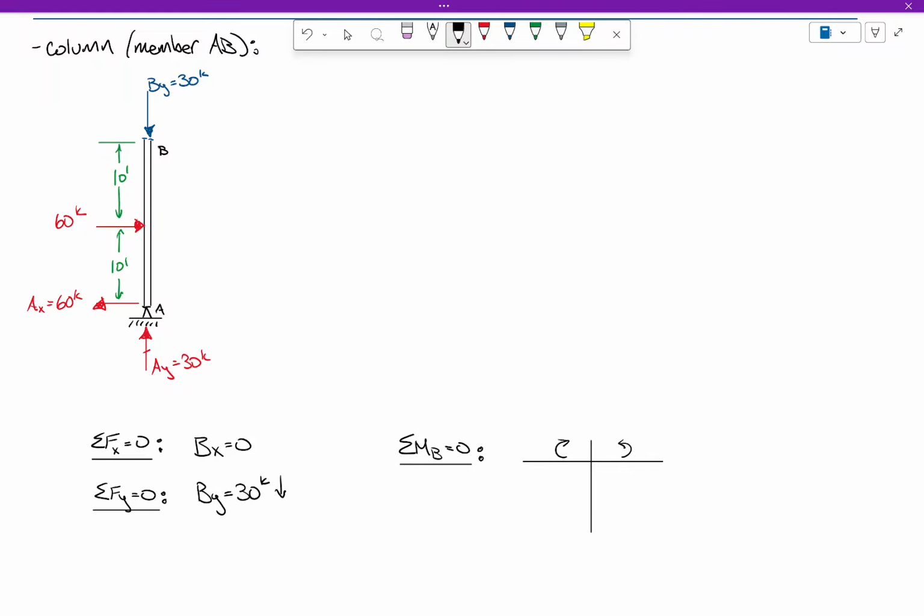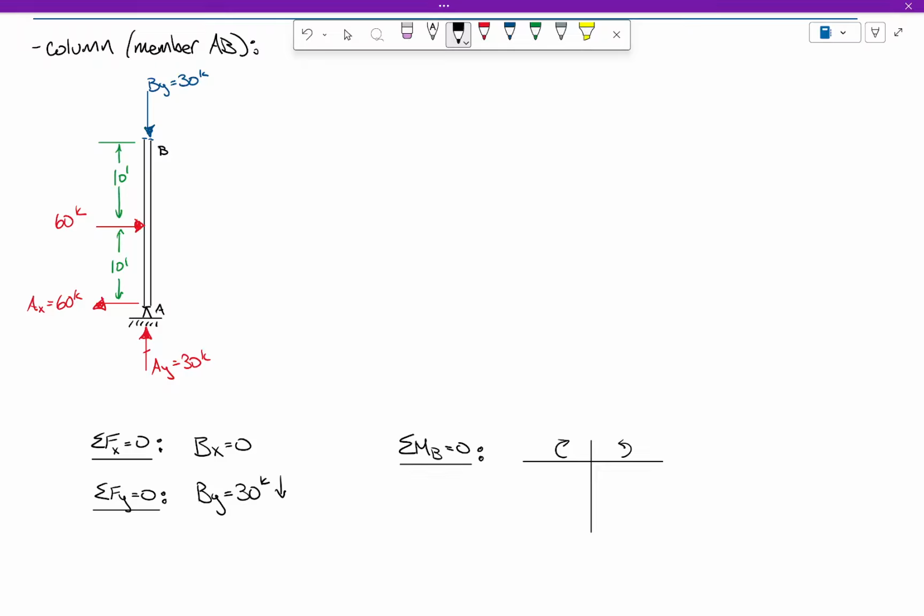All right, let's just think this through. I'm summing moments at B. Does BY generate moment? It's going right through B. It doesn't generate moment. Does AY generate moment at B? No. Does AX generate moment at B? Yes. It's going to go like this.